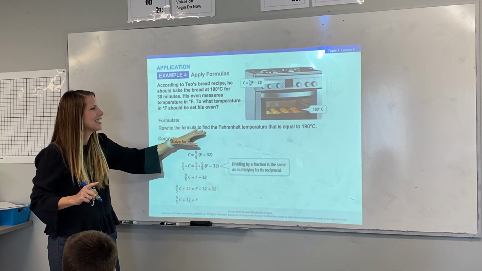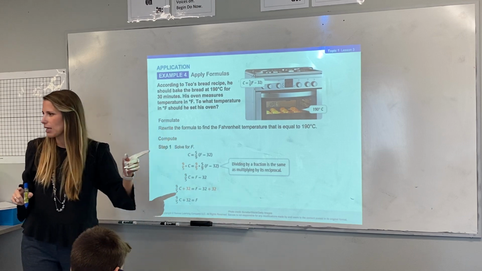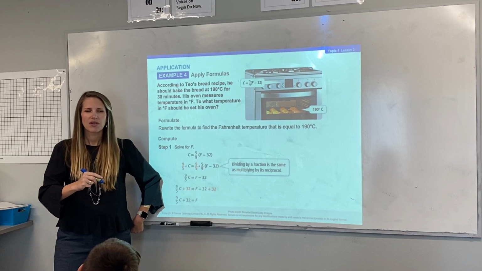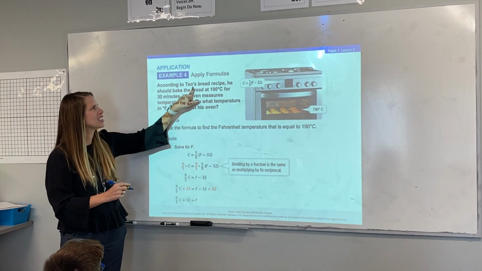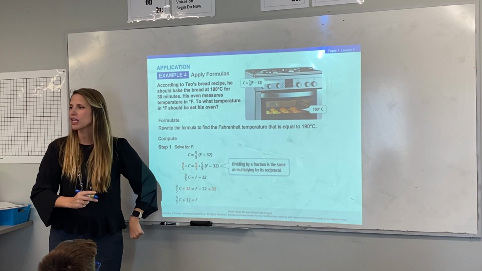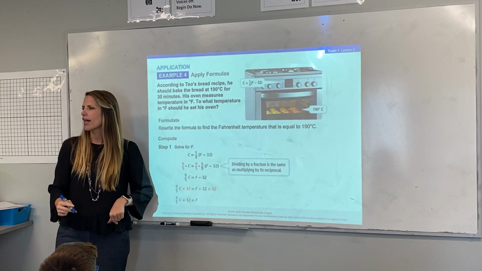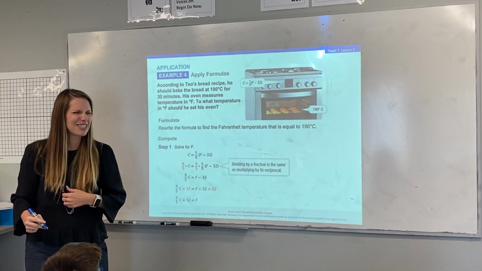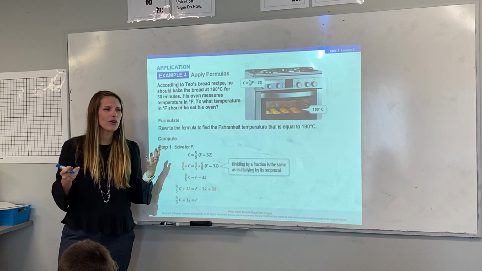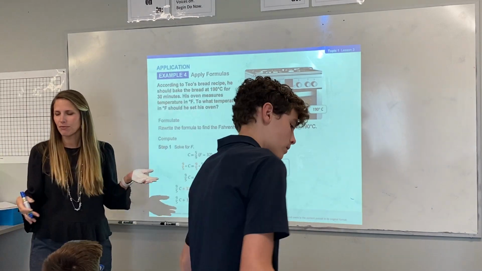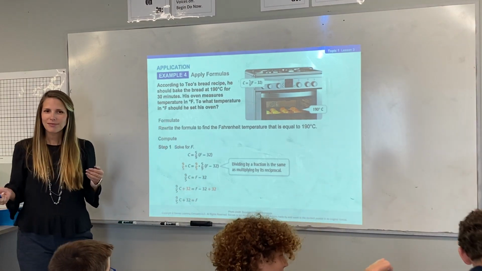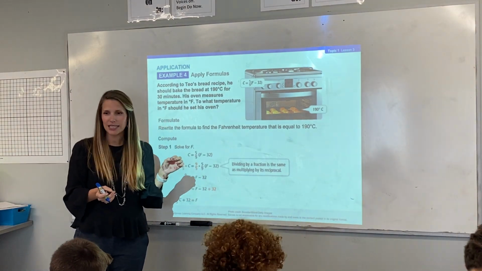Okay, listen. Teo runs into a problem when he's baking bread, though. He's got this new recipe that he's working with. According to Teo's recipe, he should bake the bread at 190 degrees Celsius. Because British ovens, and lots of ovens that are not American, bake in terms of Celsius degrees, not Fahrenheit.